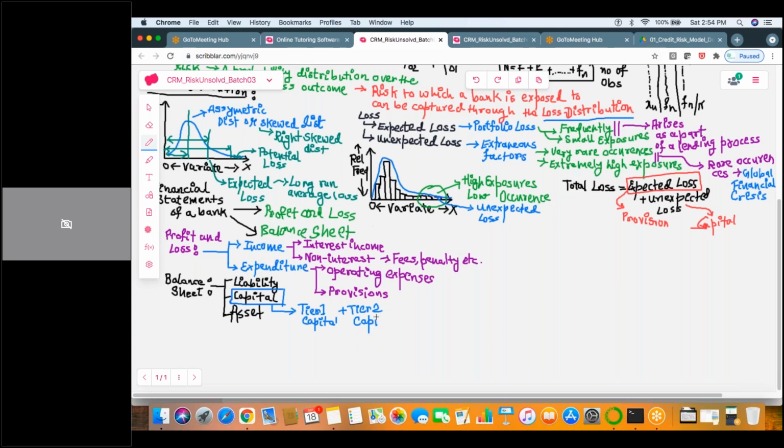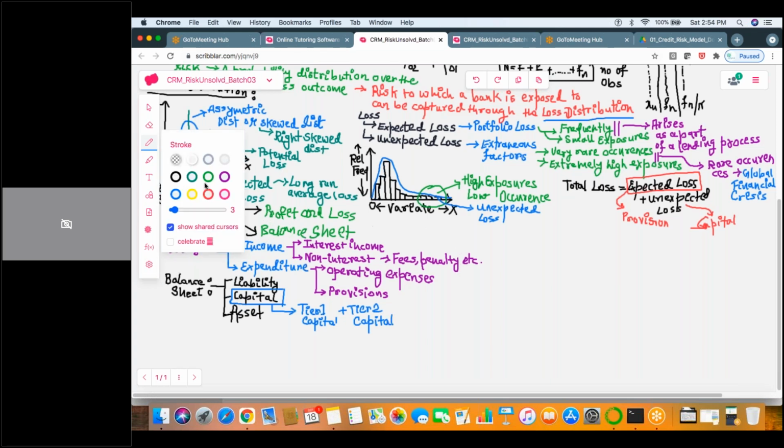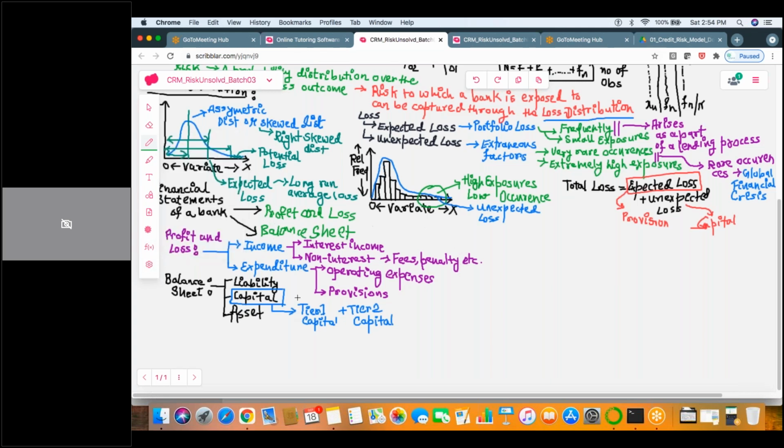These two layers of capital taken together turn out to be the regulatory capital. The tier one plus the tier two capital taken together forms the regulatory capital.